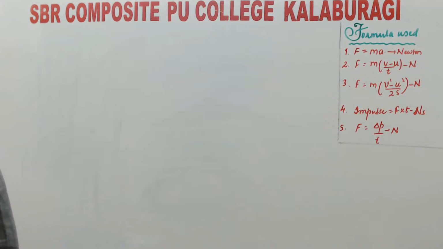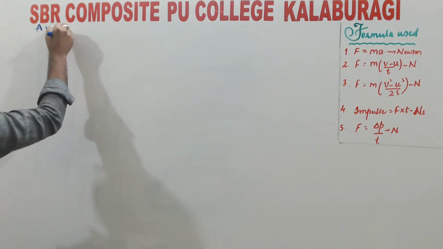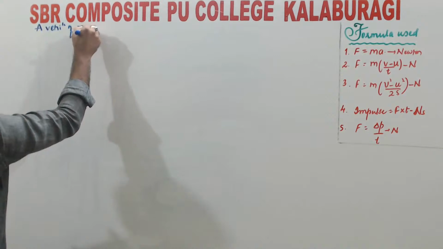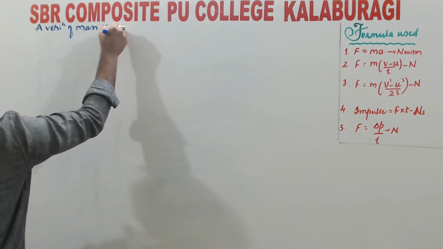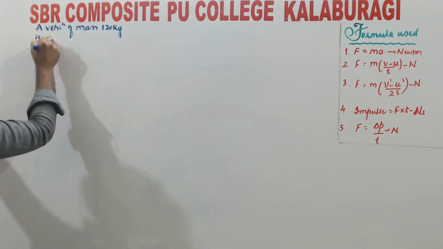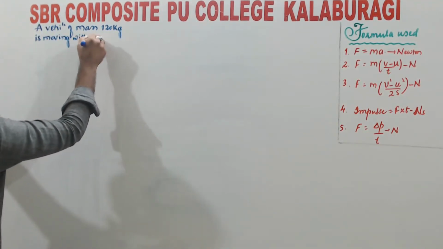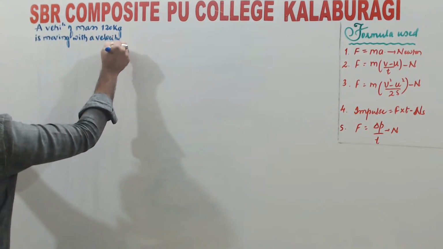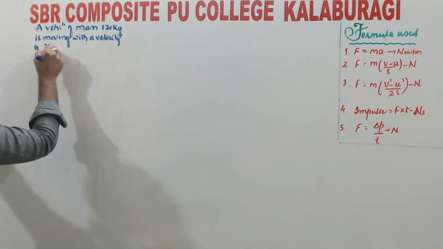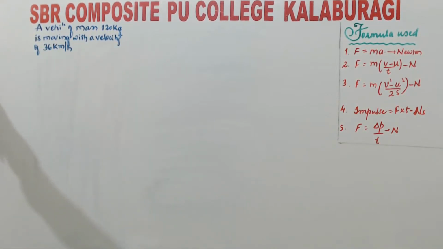In the next question, a vehicle of mass 120 kilogram is moving with a velocity of 36 kilometer per hour.